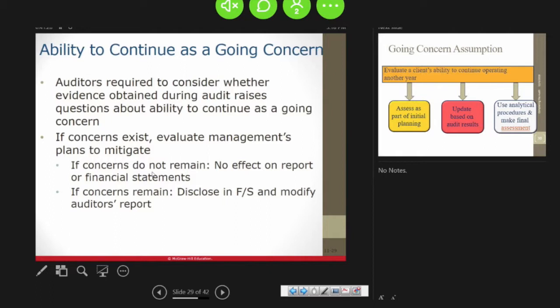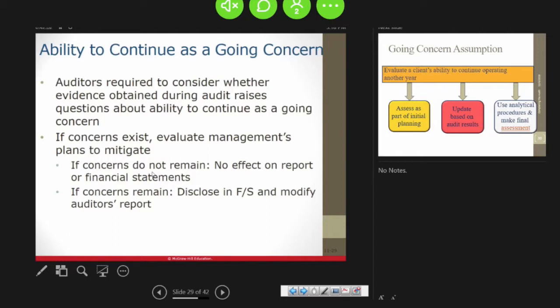When the audit goes in and they're doing planning, think about understanding the entity, performing analytical procedures. The auditor is going to be aware throughout the audit that the client might be experiencing going concern issues. And so what they're doing at this stage is taking a step back and considering whether or not the evidence that they've collected continues to raise questions about the client's ability to continue as a going concern.